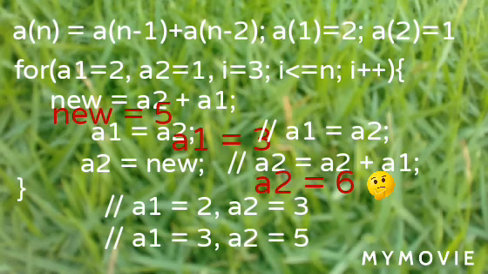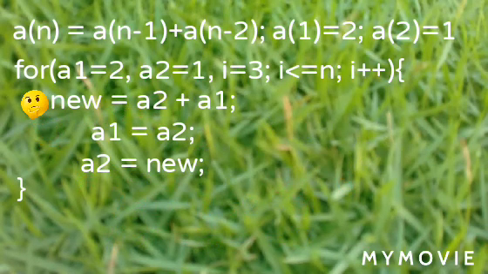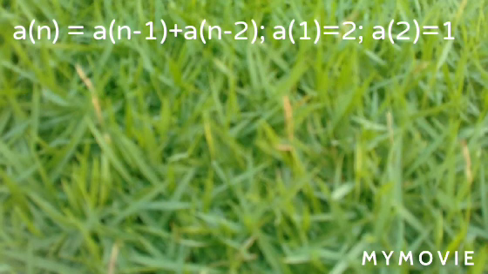But if we have a new, so a sub 2 is equal to new, the value of a sub 2 is still 5. Okay? So the first code shows a correct result while the second is incorrect. This is the reason why we need a temporary storage. So you only need one temporary storage even if there are more than two initial values.